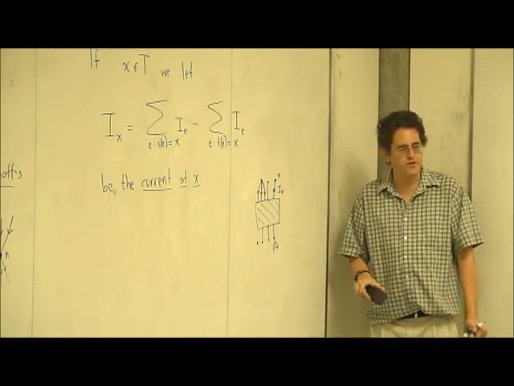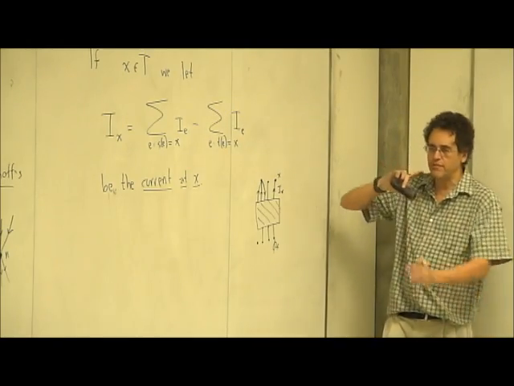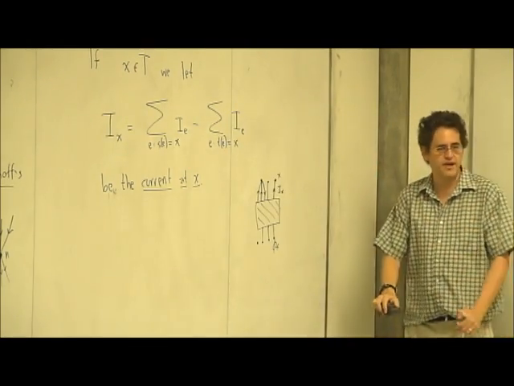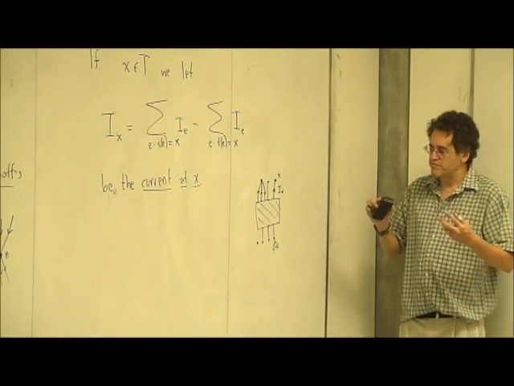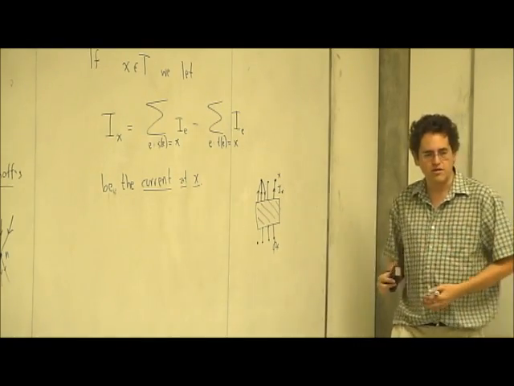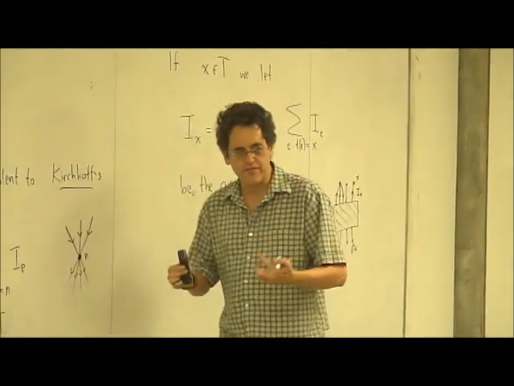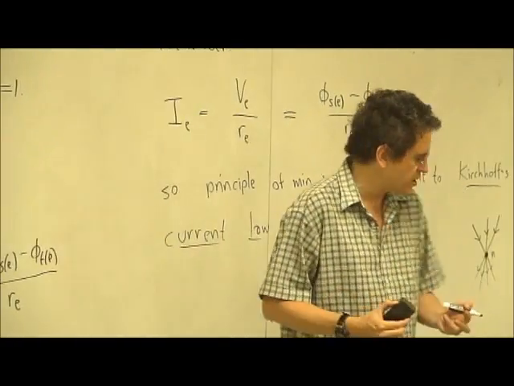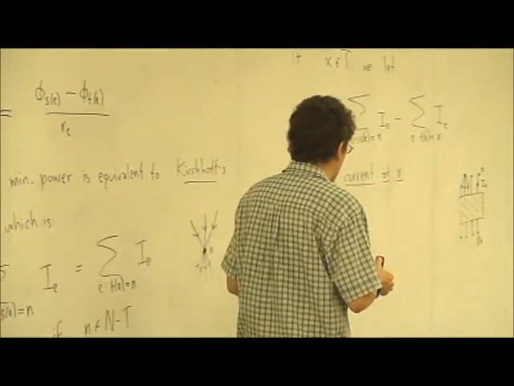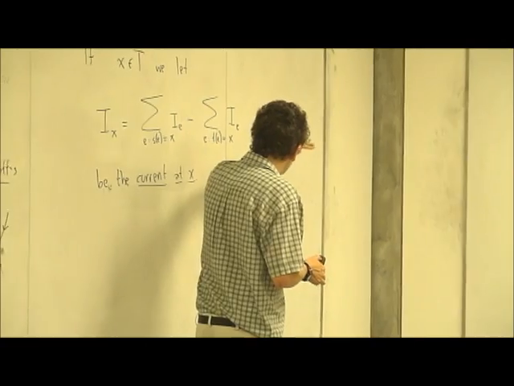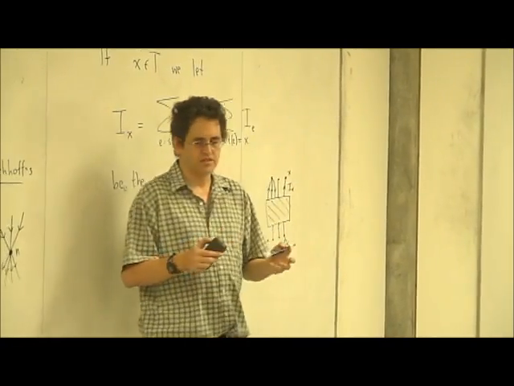So those are not freely adjustable because they need to obey all these equations that I wrote down. But those equations are precisely what describes the behavior of the circuit. They describe the allowed options for what the currents and potentials at terminals can be.